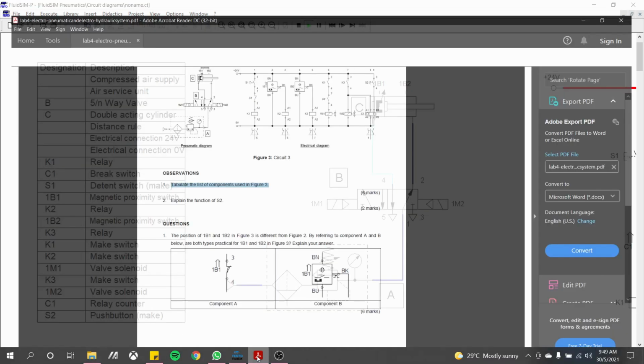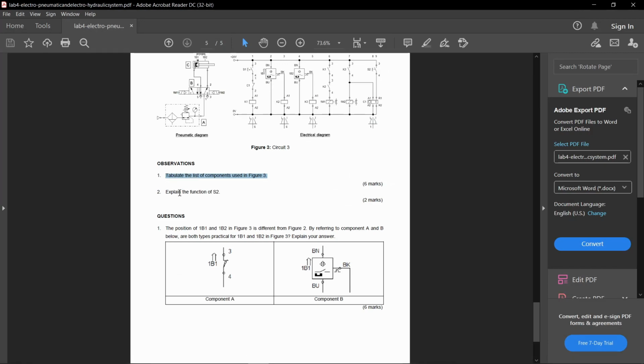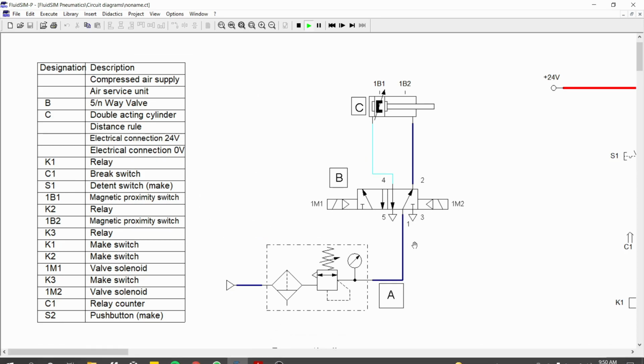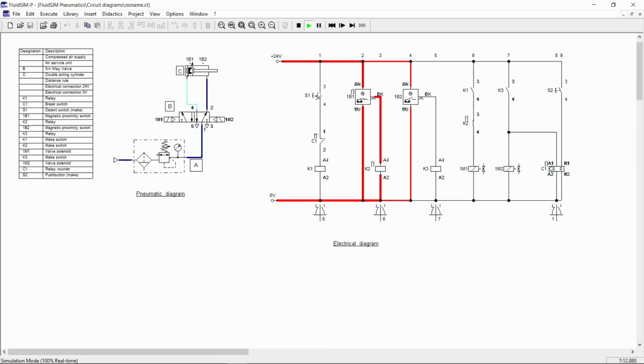Okay, next. For observation number 2, explain the function of S2. Here we can see S2. The first function is to reset the counter. This counter is 0, and then we push the S2 push button.